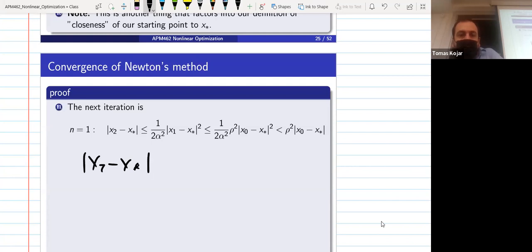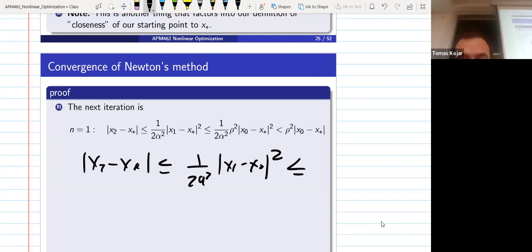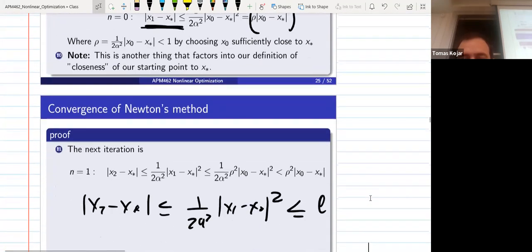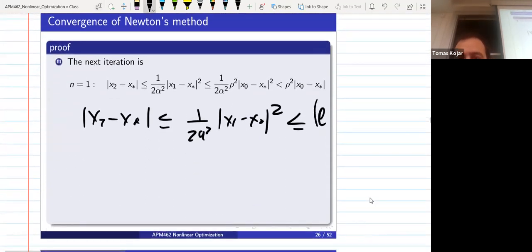So we have this, then we proved from before, and we just proved from above that this is equal to rho. So we got that this guy squared is less than the square root of these two. That's how you get rho squared like this. And then you get rho squared.